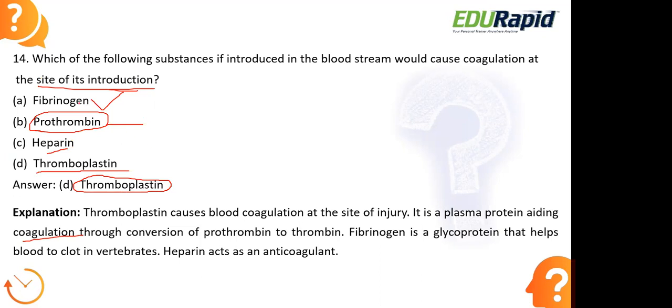Of all the options, thromboplastin at the site of introduction will start clotting, because it converts prothrombin into thrombin. Without conversion, definitely no clot. That is the reason we can choose thromboplastin here. Moving to the next question.